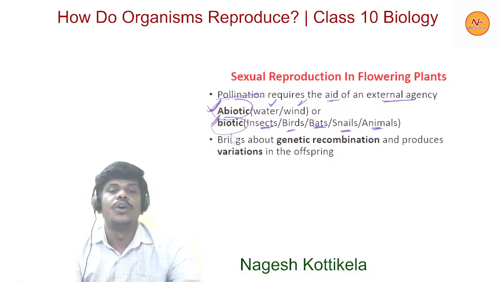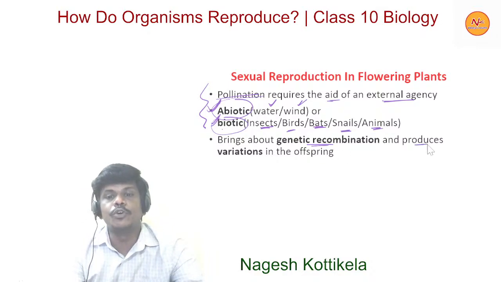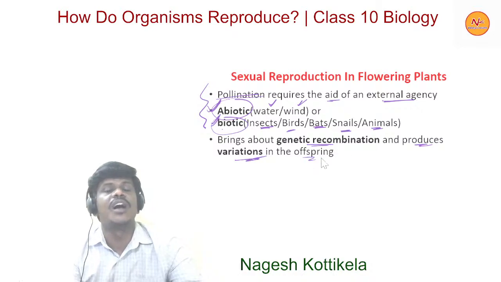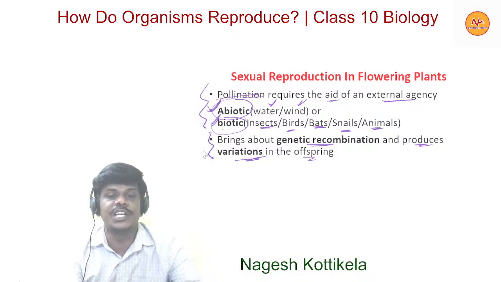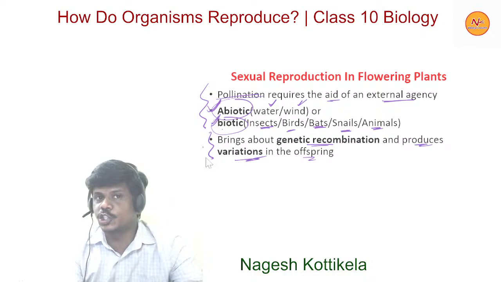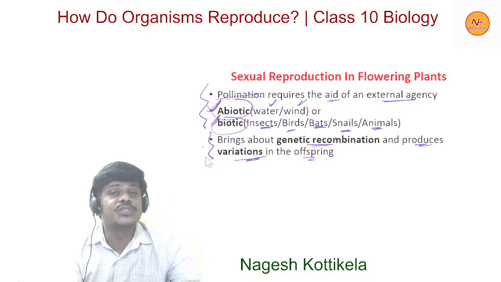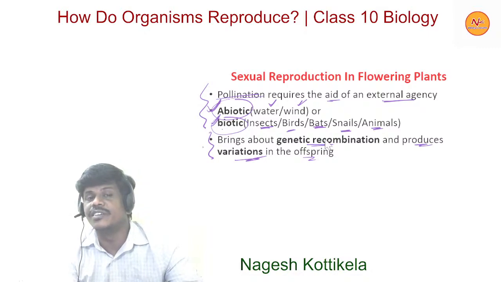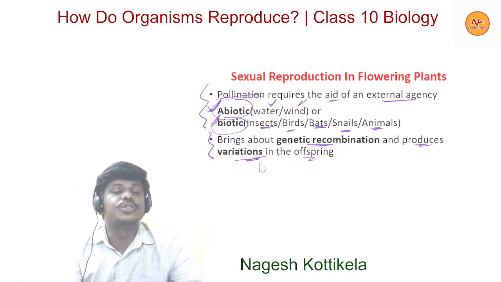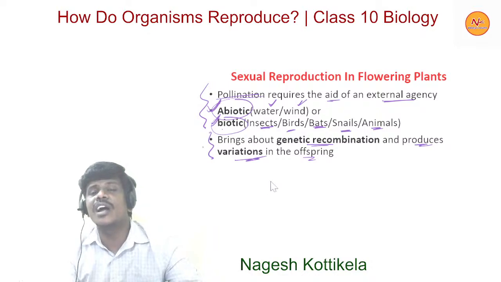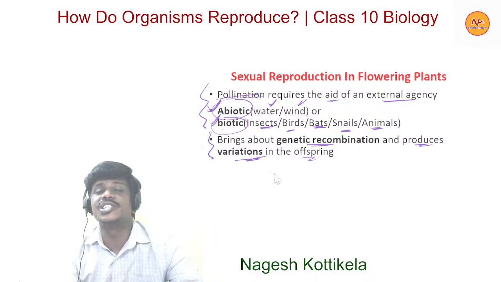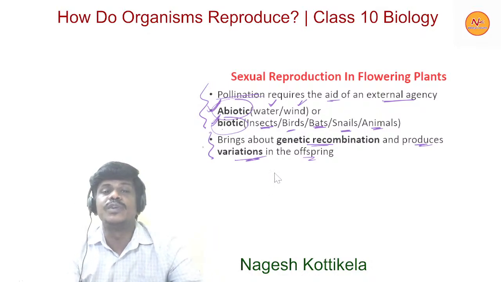This pollination brings about genetic recombination and produces variations in the offspring. This is a very, very important aspect. Variations are the differences in the characteristics seen among the individuals of the species.